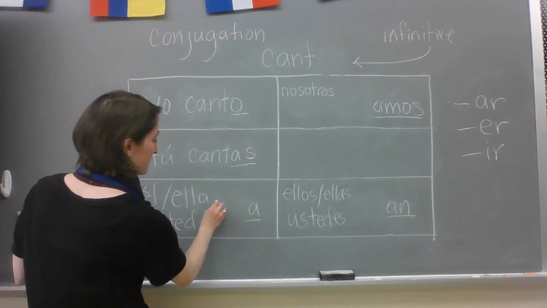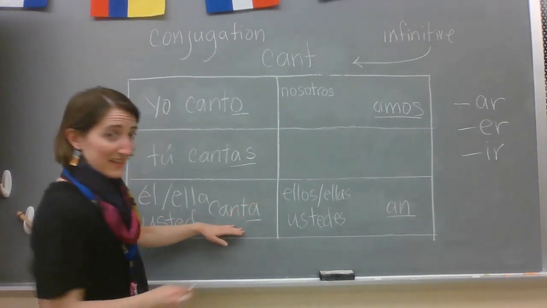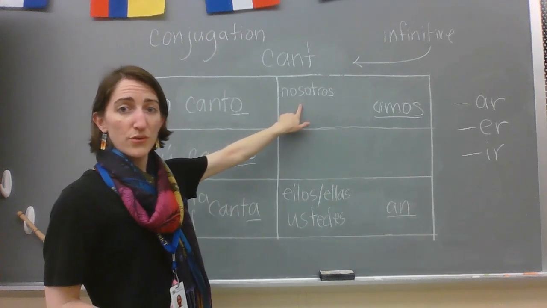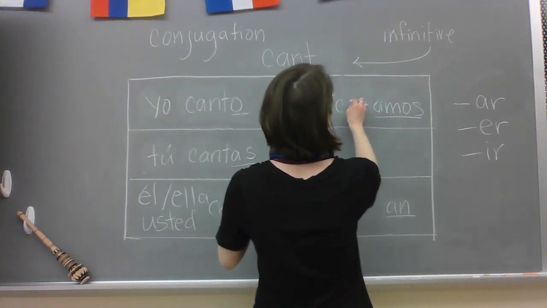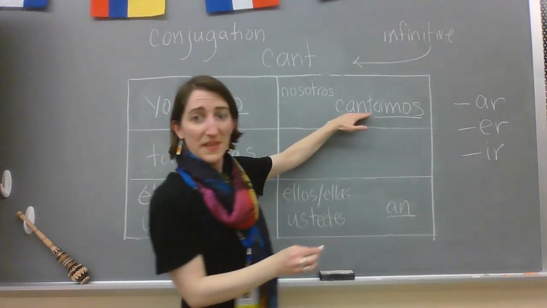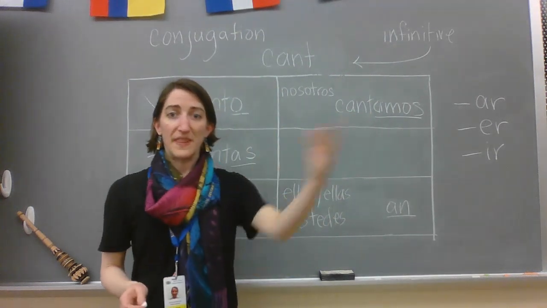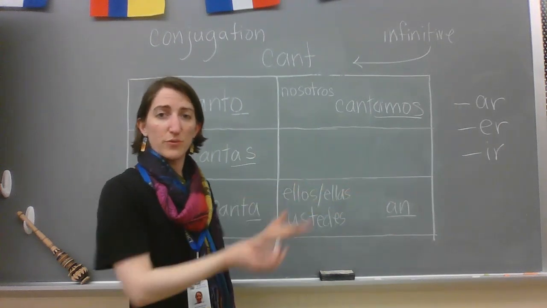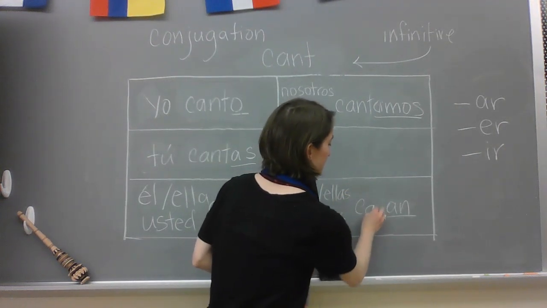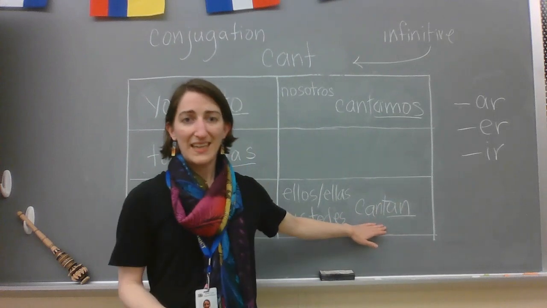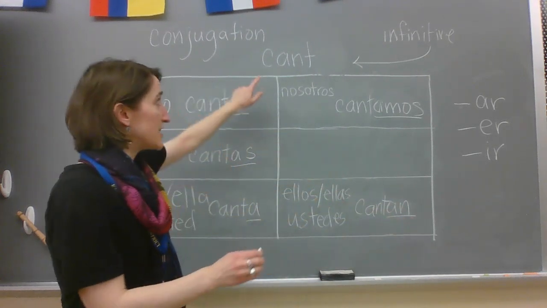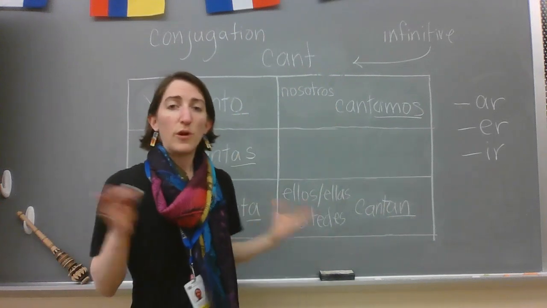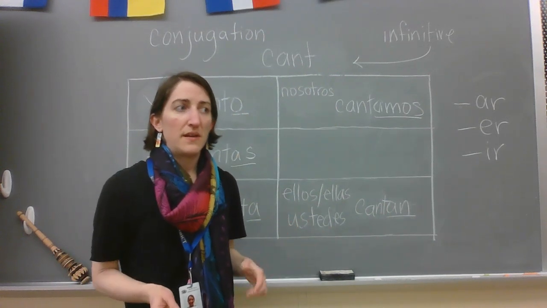Ella canta. We sing. Nosotros cantamos. They sing. Ellos or ellas, if it's a group of girls, cantan. It's just that easy. You just take off the AR and then tack on the ending of whoever your sentence is about.